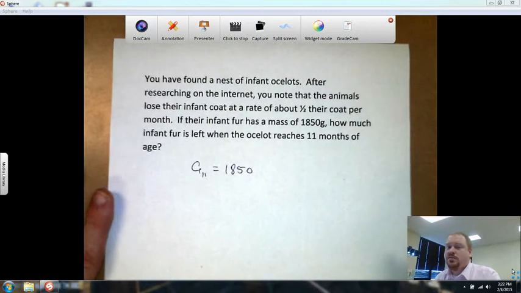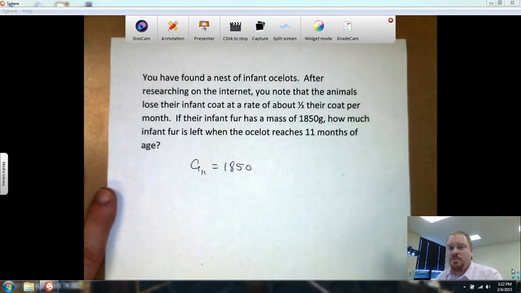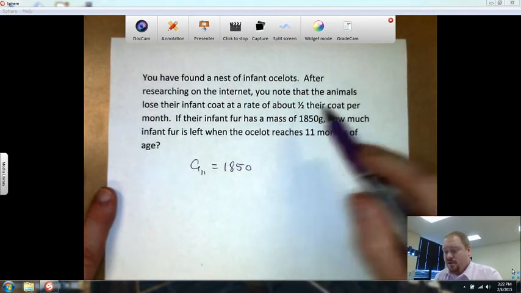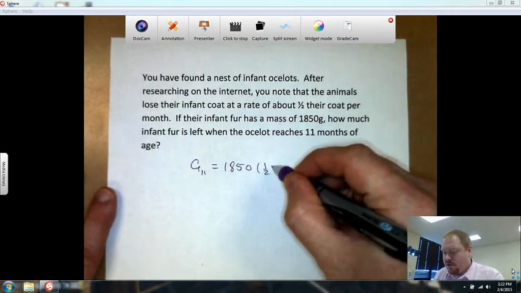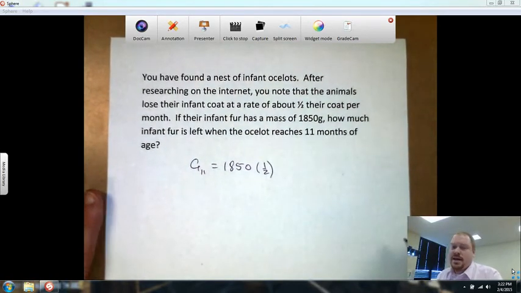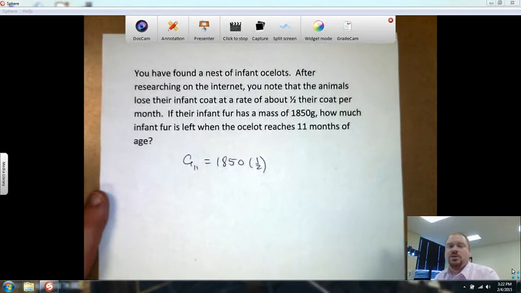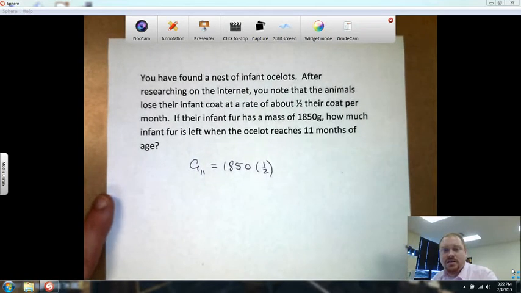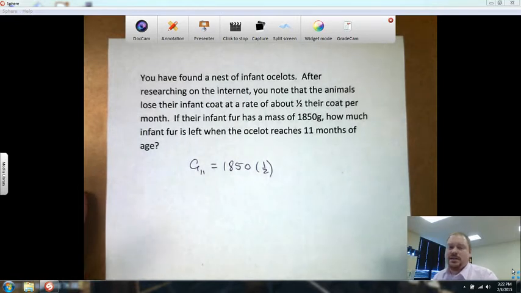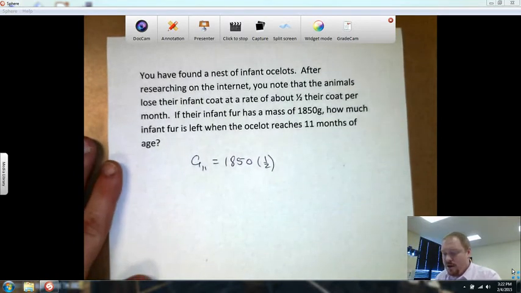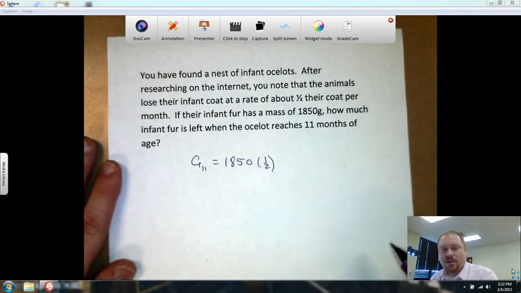And we note that they're losing half their coat per month. Now, that's equivalent to a problem where you have bacteria that's growing or an isotope that's decaying at half the mass per month or per year or whatever it may be. But we want to know after 11 months.